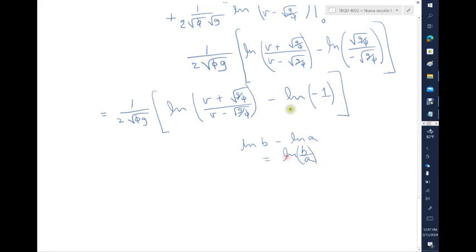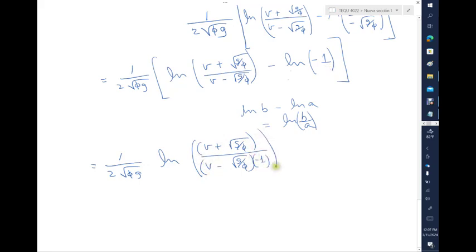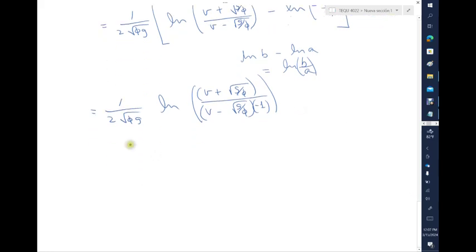So you apply the same rule here, and when you apply that rule, you end up like this: 2 phi g times the logarithm of v plus this divided by v minus this. But here's the catch: that minus 1, by having a minus 1 here, you want to see it like that.